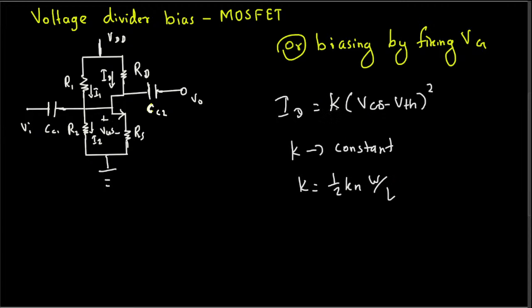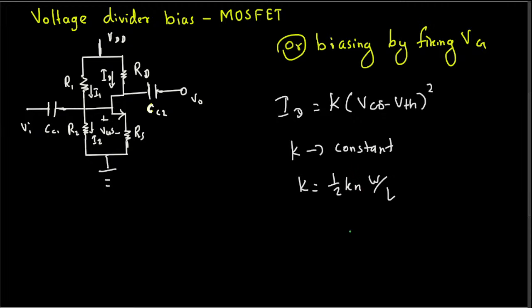And sometimes you see half K prime W over L (VGS minus V threshold) squared, and Kn is basically mu and COX. So there are various arrangements for this equation. The Kn is actually mu and COX.